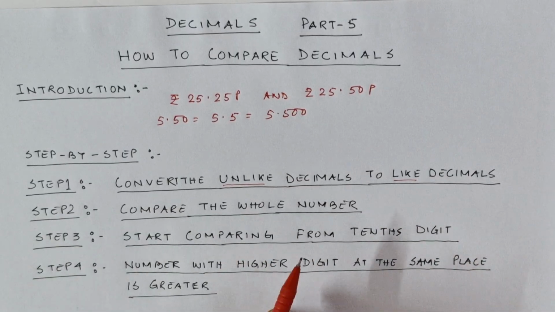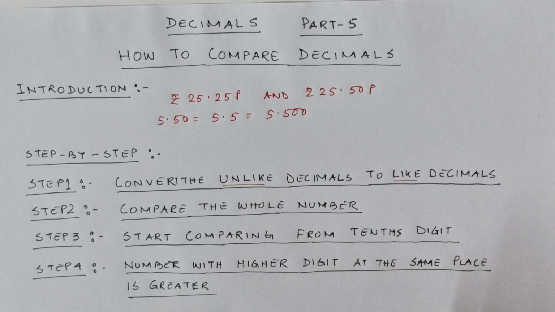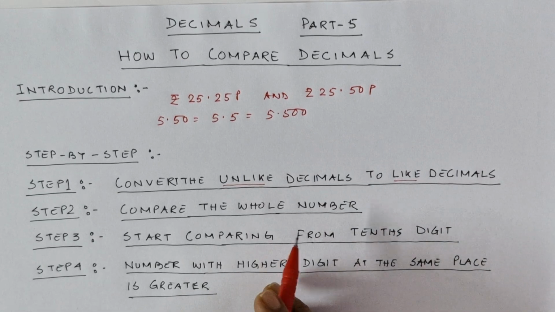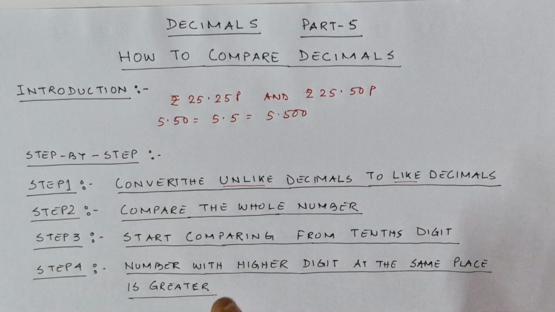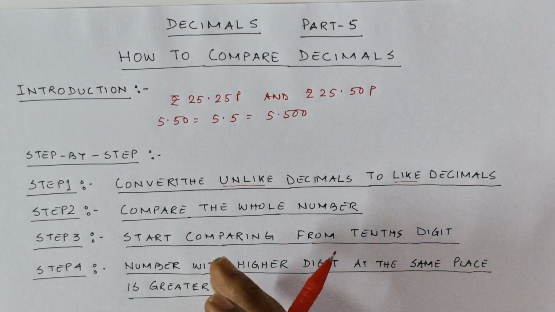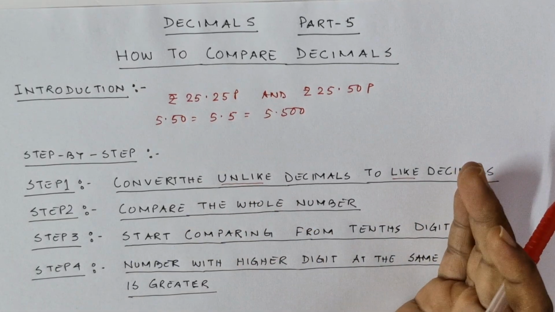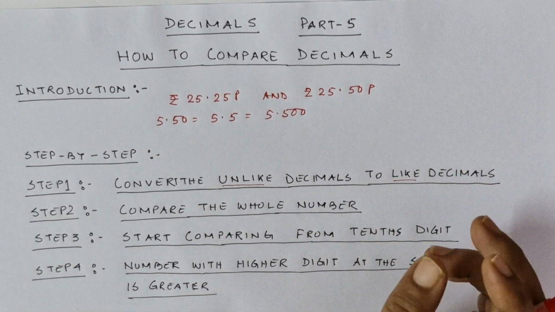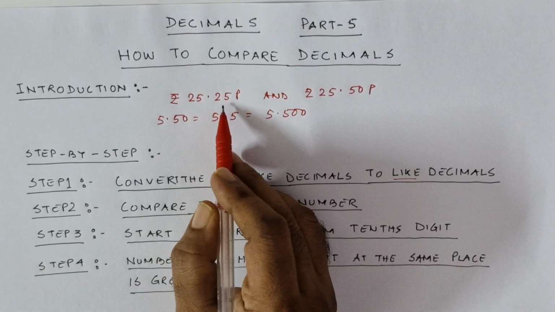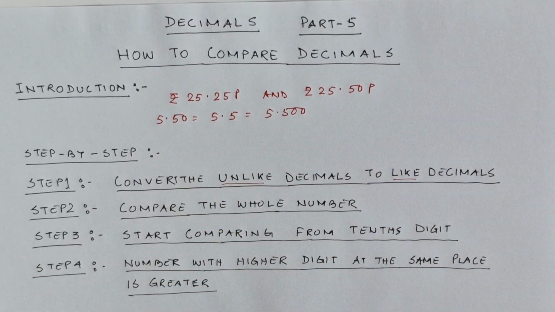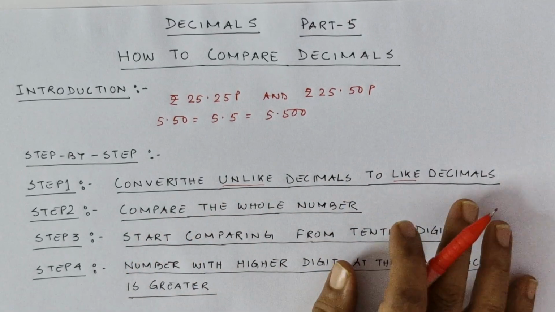To convert unlike decimals to like decimals, always equalize the number of digits after the decimal point. We have seen it before, and we'll see it again.